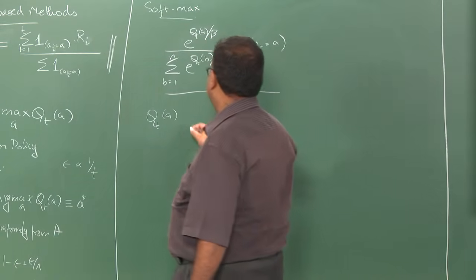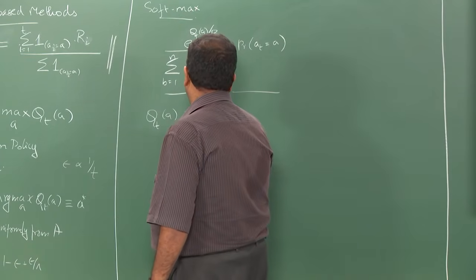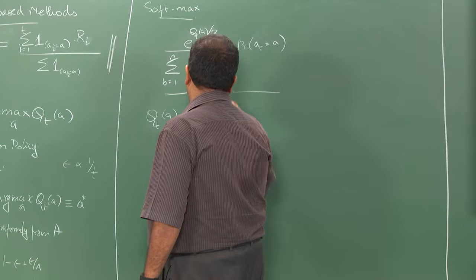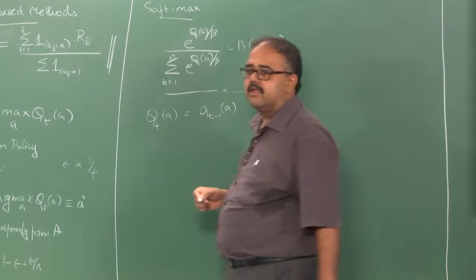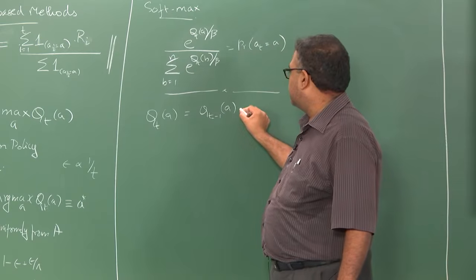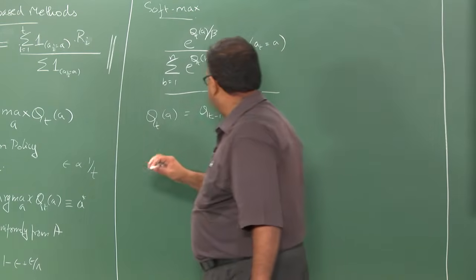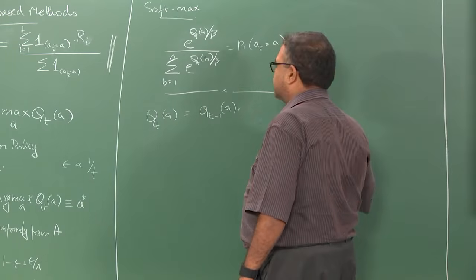So it is some numbers. It will be essentially Q_{t-1} of a. Let me introduce a little bit of notation. It will make my life a little easier.